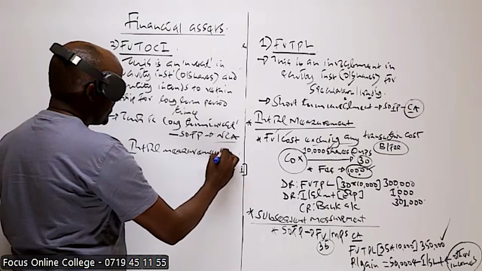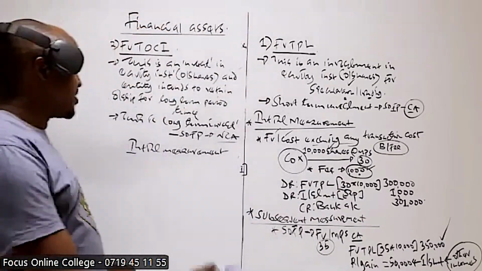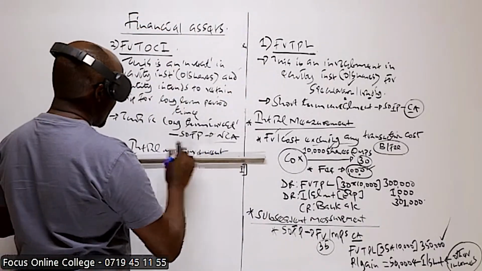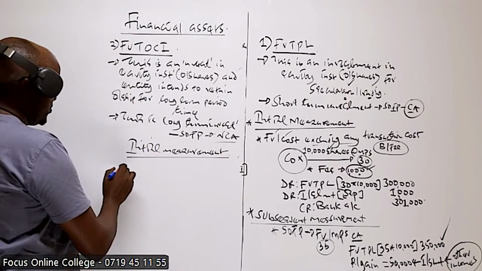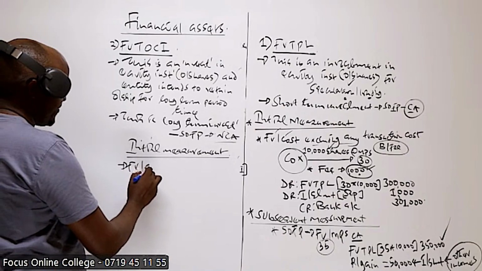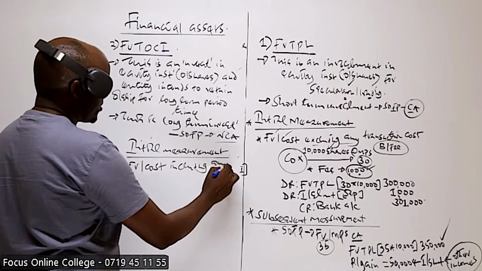Initial measurement. Once the company has acquired this particular financial asset, it is initially recorded in the company's books of account at which value? They are recorded at the fair value or the cost, including any transaction costs.